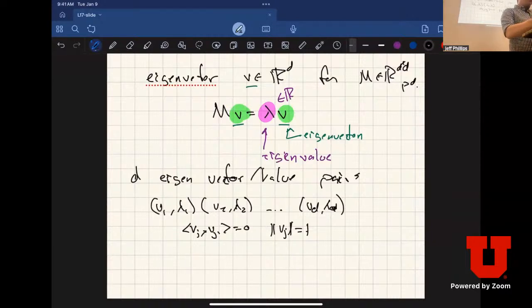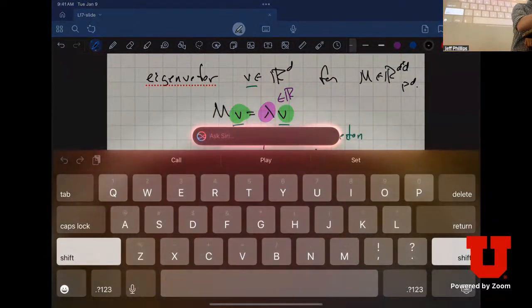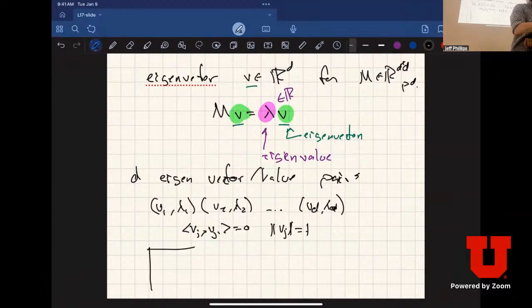Okay, so maybe this is starting to look familiar from the SVD. It turns out these are going to act like the right singular vectors and the singular values. I can put all these into a matrix V, where this is V1, this is V2, and so this will be an R^(D by D) matrix.